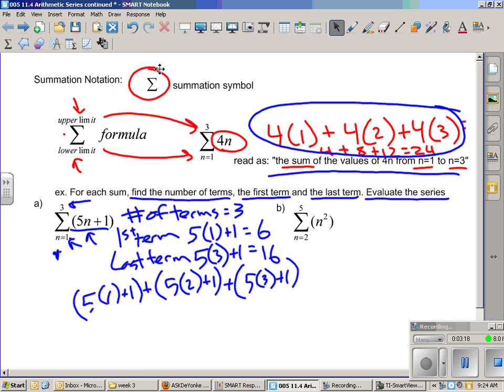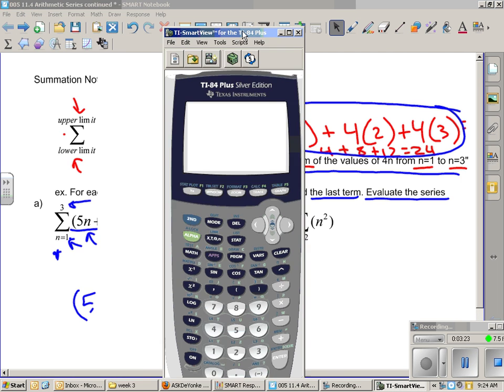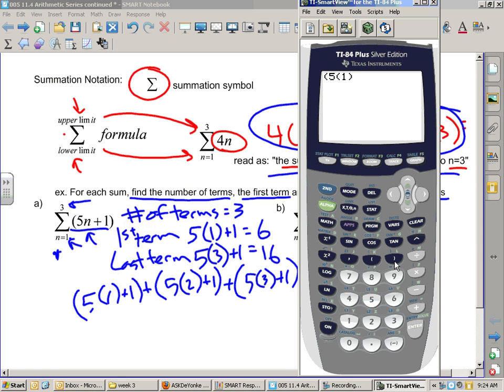And although these are small numbers, if you want to use your calculator, you can. Then you would do parentheses 5, parentheses 1, close parentheses, because you plugged in a 1, plus 1, plus parentheses 5.